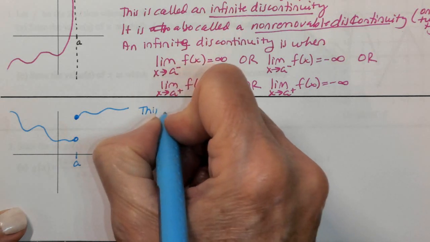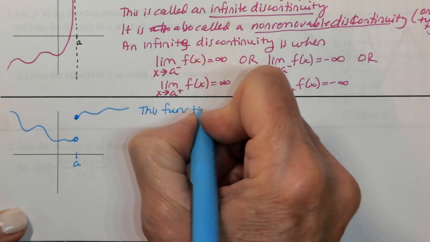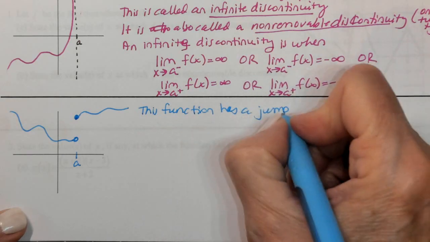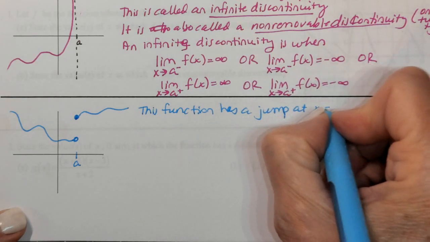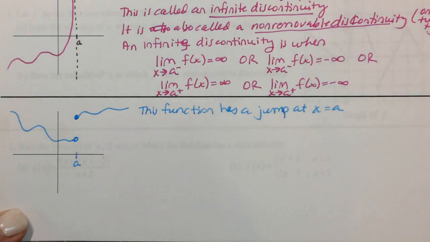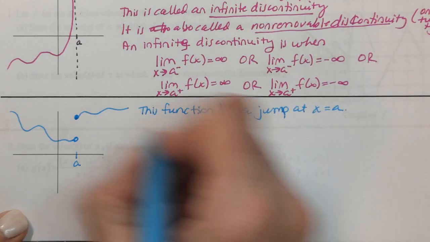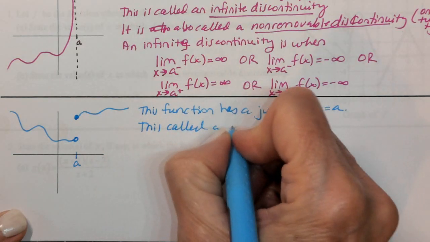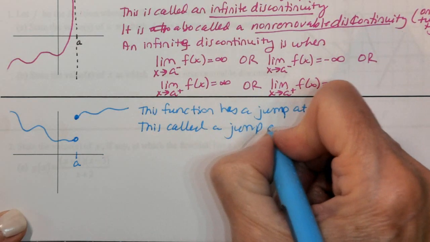This function has a jump at x equals a. This is called a jump discontinuity.